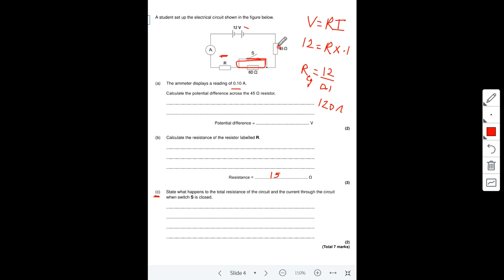So it's only the 45 ohm resistance and R that remain. You don't have to consider this 60 ohm. If you're not considering the 60 ohm resistance, that means resistance decreases, right? Yes. And if resistance decreases, that means current increases. Point clear? Yes.